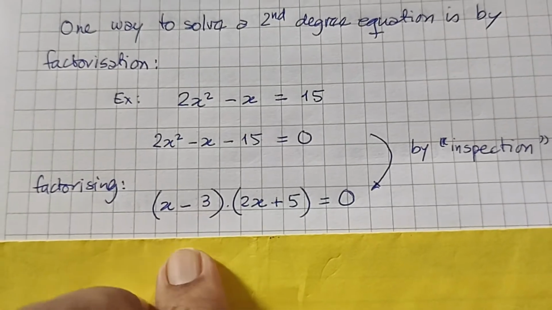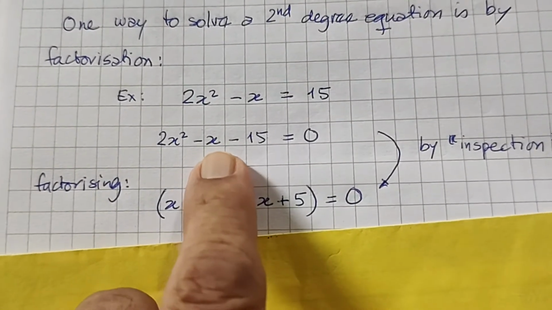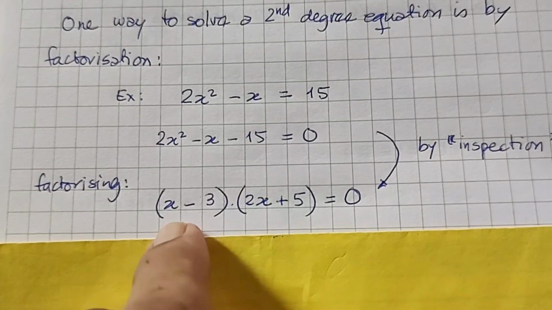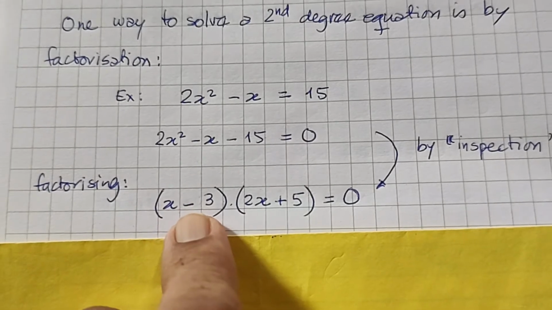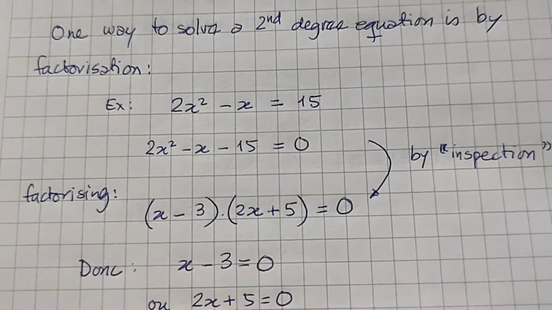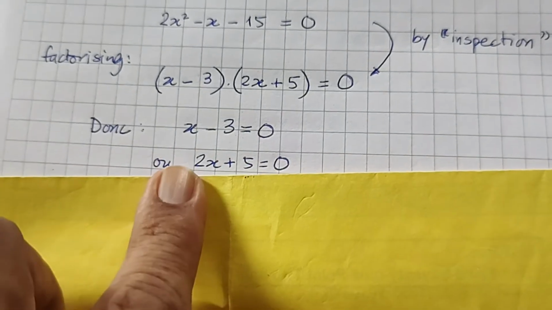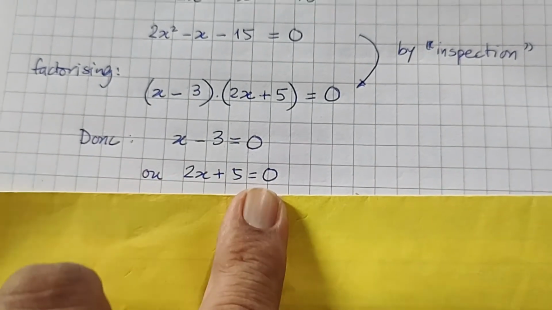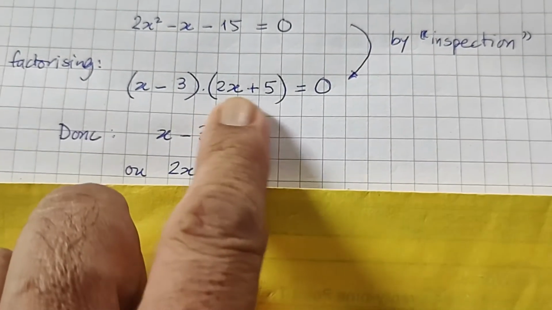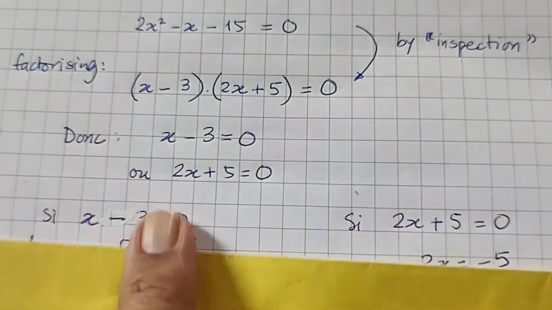So if you can factorize a second degree equation like this, then you have solved it, because either this is 0 or this is 0. Let's see. Donc, x moins 3 est égal à 0 ou 2x plus 5 est égal à 0. Either this is equal to 0 or this is equal to 0.